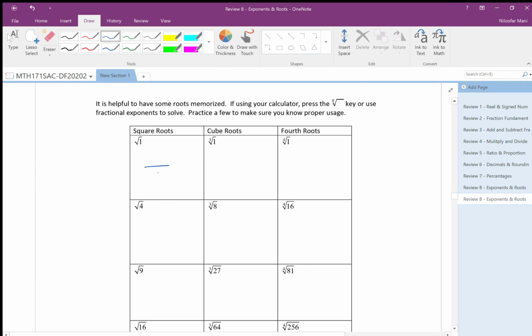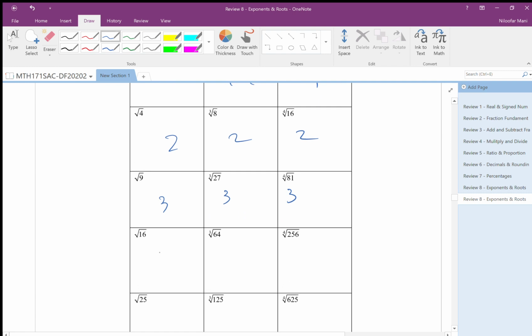However, if you have minus 1 under the radical, because it's cube, minus 1 works. Minus 1 is the answer, but minus 1 must be under the radical. So here, 2, 2, 2, 3, 3, 3, 4, 4, 4, and 5, 5, 5.